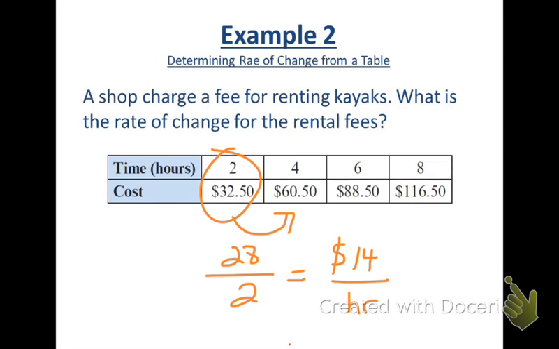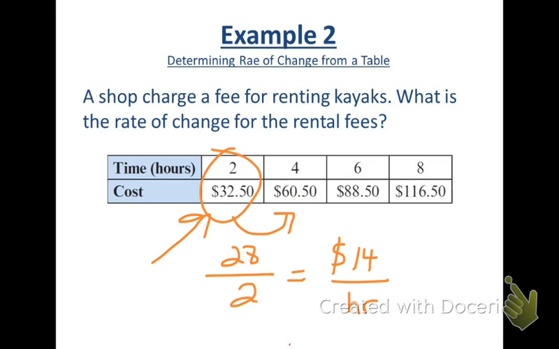Now, how could we explain this then? There's a minimum of 2 hours. 2 hours costs you $32.50 for the first 2 hours, but after that, it's only $14 an hour. Okay, so this is a minimum charge. This would be a starting point. Okay, and then you go up from there.